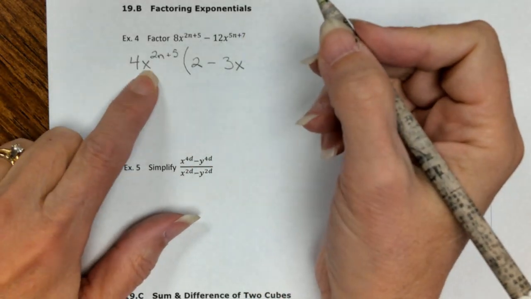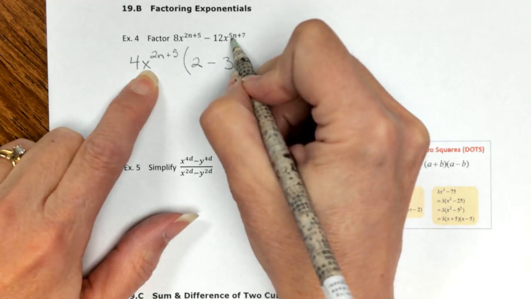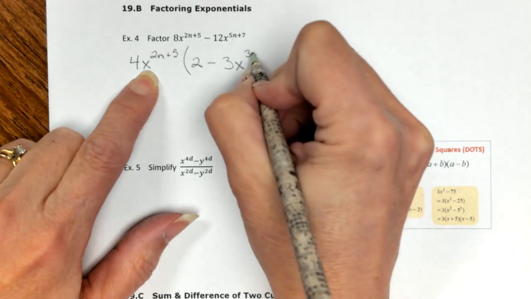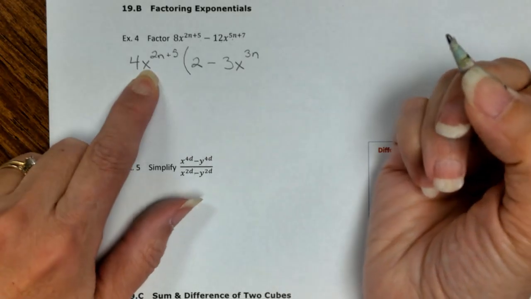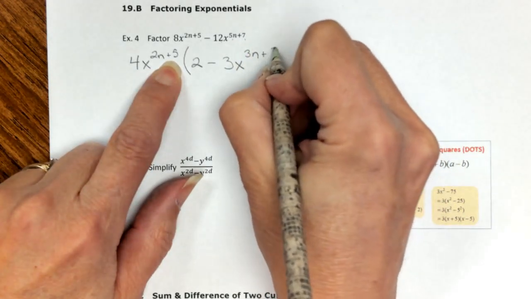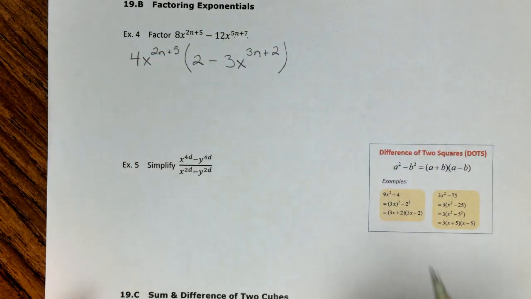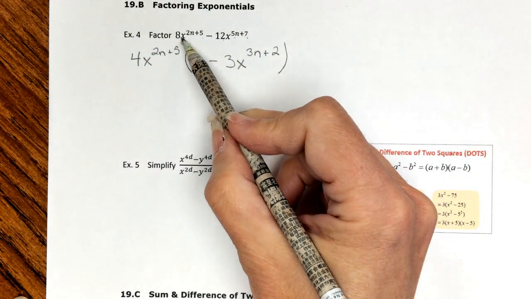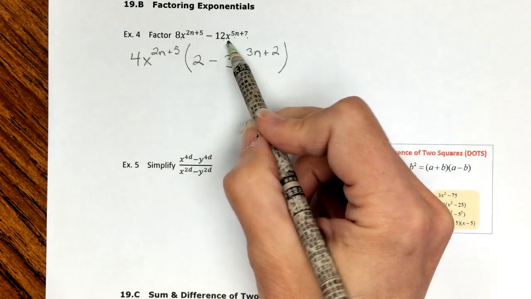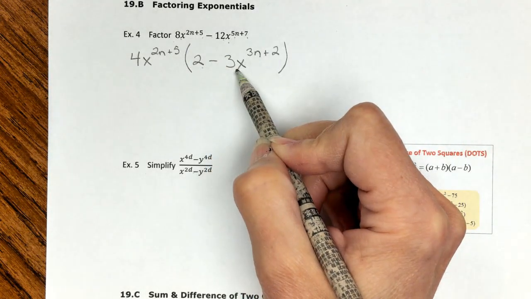We only have 2n out here for our GCF, but we need 5n, so 3 more n's. And we have a plus 5, but we need a plus 7, so we need 2 more of those. Okay, please remember, there were 2 terms in the original problem here, there will be 2 terms inside the parentheses.